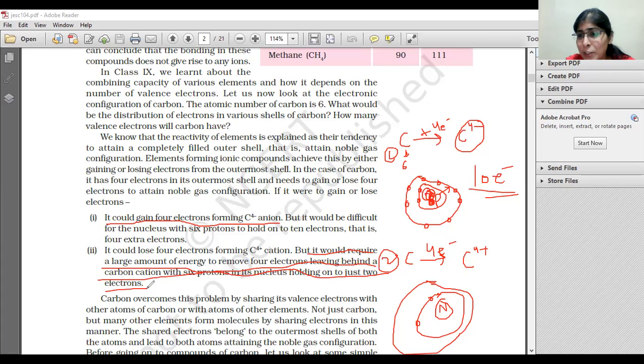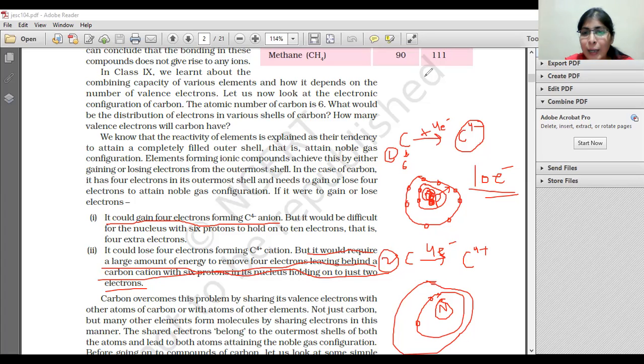If you have 6 rupees and you have to give 4 rupees to someone else, it will be very difficult to survive on 2 rupees rather than 6. Like that, it would require a very high amount of energy to give away 4 electrons.